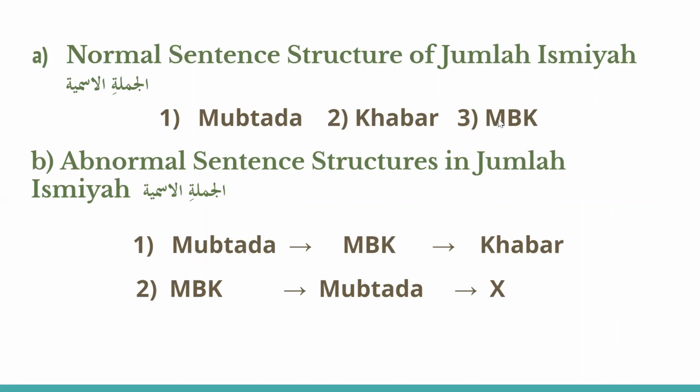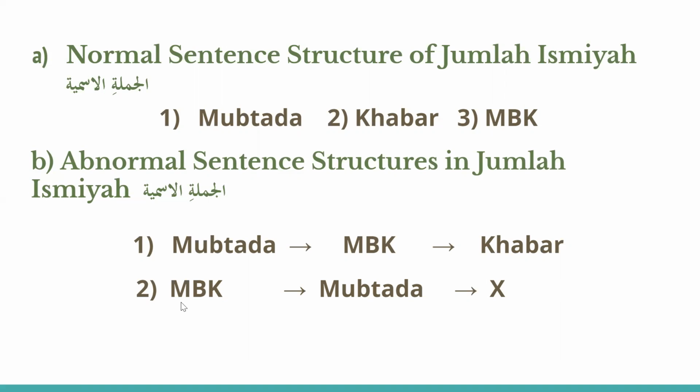Whether mutaliq bil khabar comes before khabar. So in that case, we have mubtada, then mutaliq bil khabar, and then khabar. This is one type of abnormal structure. Another possibility is that mutaliq bil khabar, which is the third part, comes as the first part in the sentence and takes the place of the khabar also.